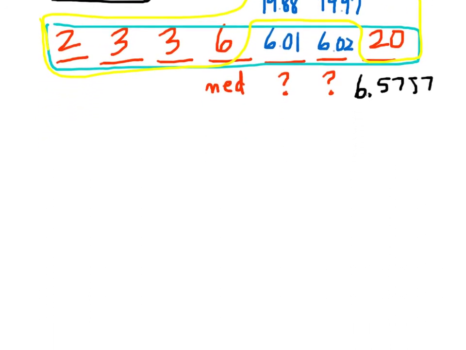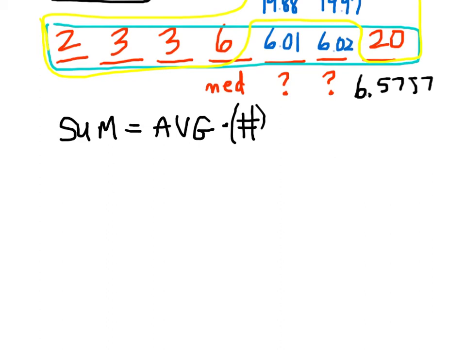So to do that, we're going to look at the formula sum equals average times the number of numbers. Okay? And we would like an average of 7, we'd like an average of 8.5, and we'd like an average of 10. And in each case, our number of numbers is 7.